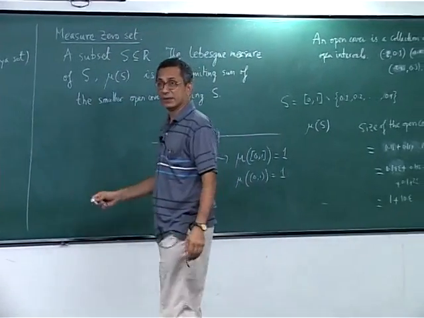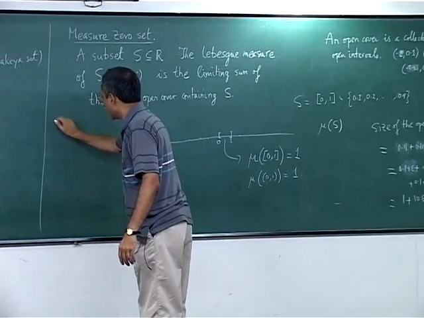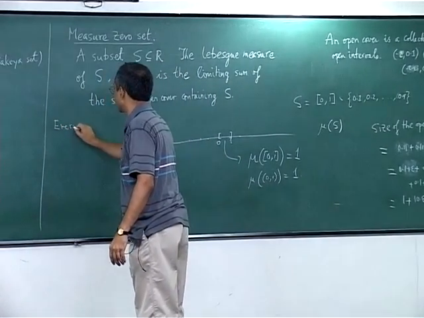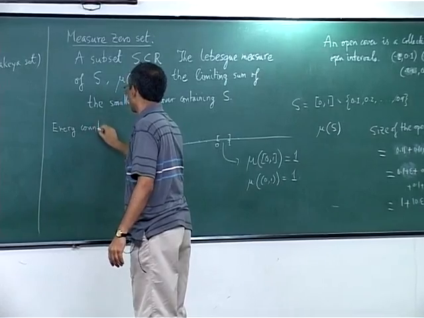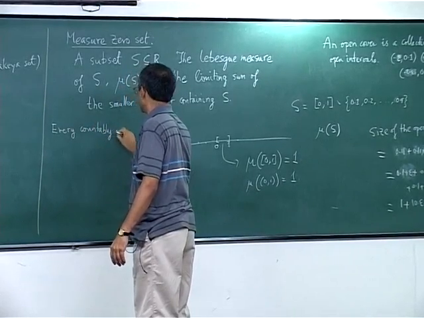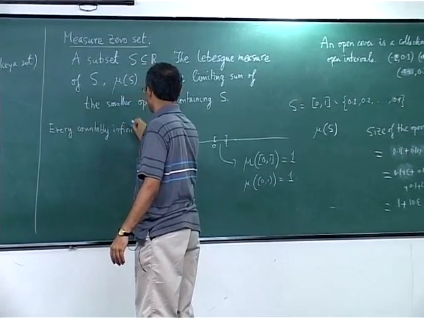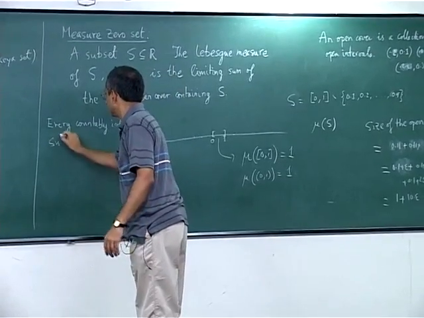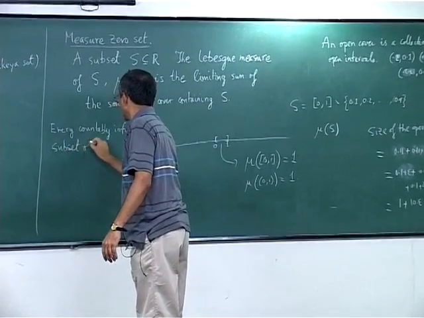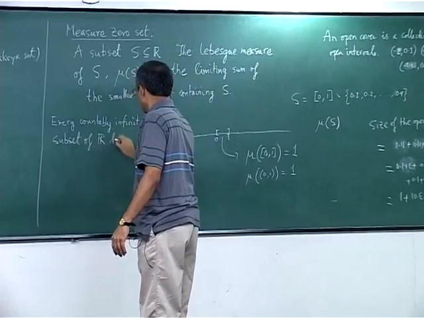But funny things happen. You can even prove that every countably infinite subset of R, of the reals, has measure 0.